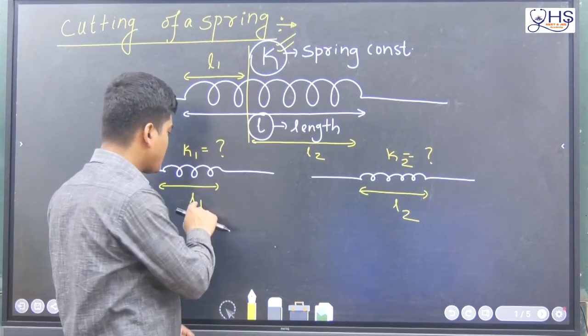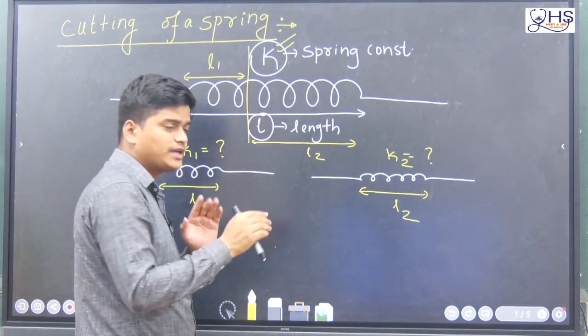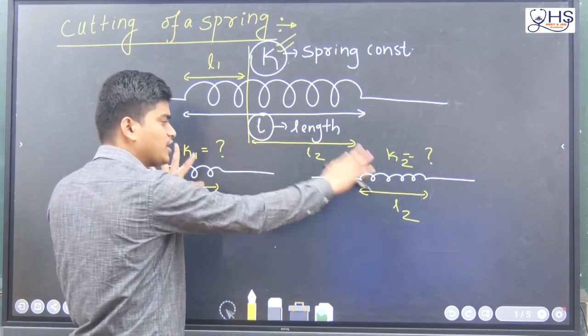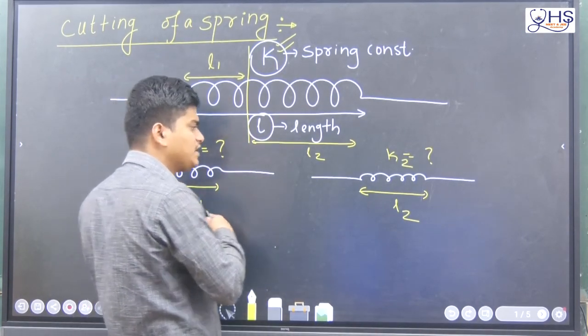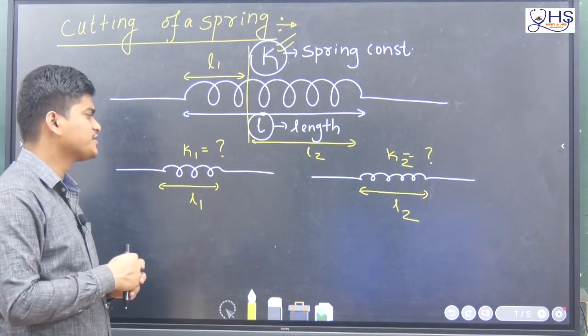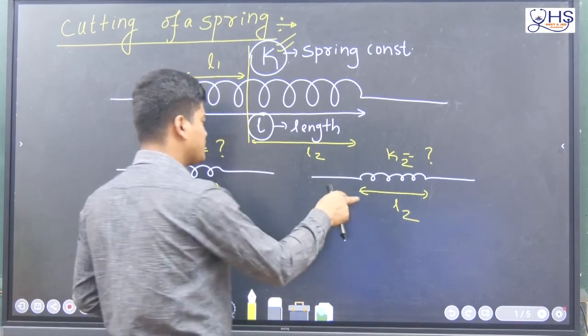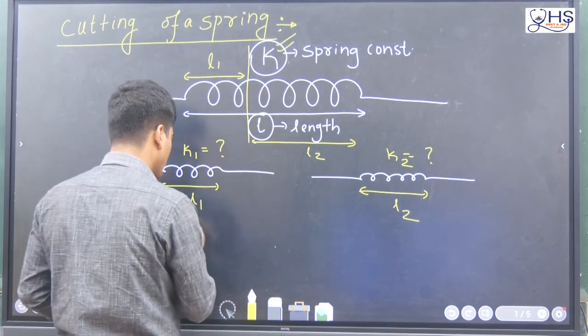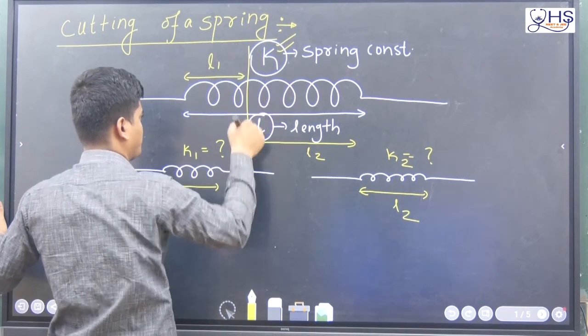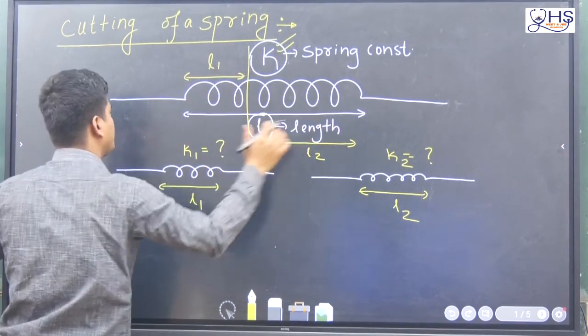And also we need to understand how you are cutting: equally, or it is L by 3 and 2L by 3, like that. So that type of thing we will see. So here suppose I am taking the cutting ratio. When I am cutting, this is the position where I am cutting, with length L1 and length L2 coming.